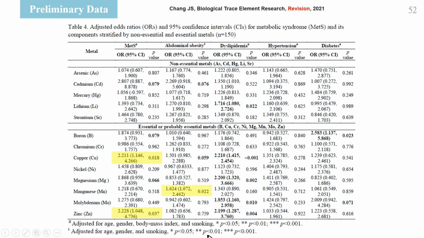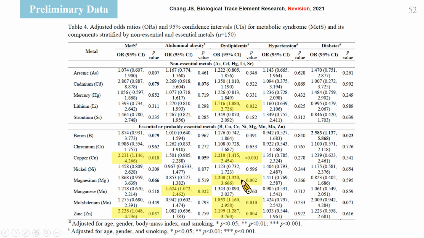There was also a significant effect of magnesium on abdominal obesity. And the effect of copper on obesity is borderline, because after adjustment for age, gender, and smoking, the effect of copper became borderline significant, and so did cadmium.